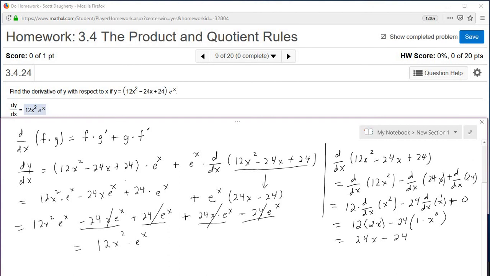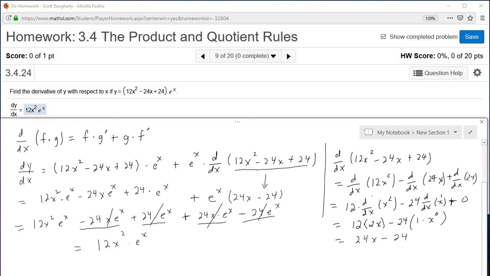Okay, so basically for this particular problem, you have to use the product rule. And in using the product rule, you do have to know the derivative of e to the x, which is, of course, just e to the x. And then when you take the derivative of the first piece, you just have to know your individual rules for derivatives. Like this rule here is you can break up the derivative operator across addition and subtraction.